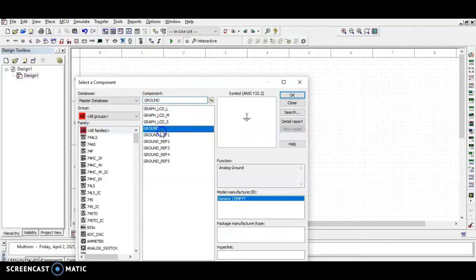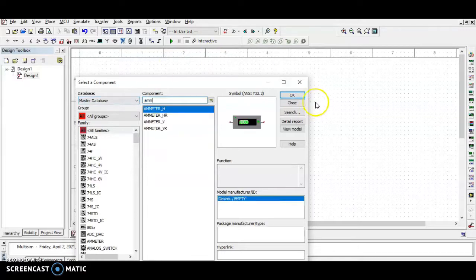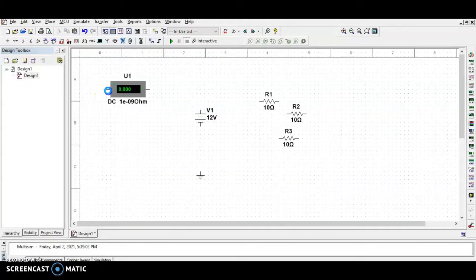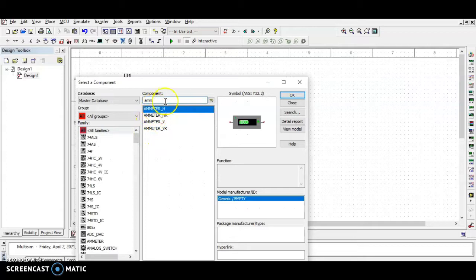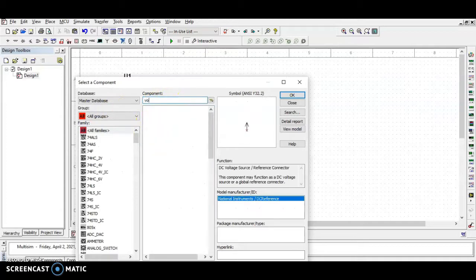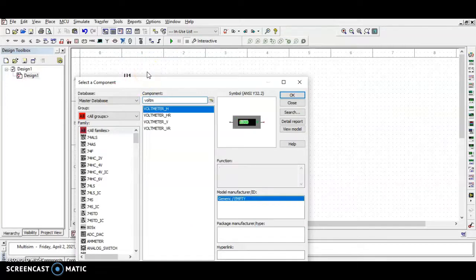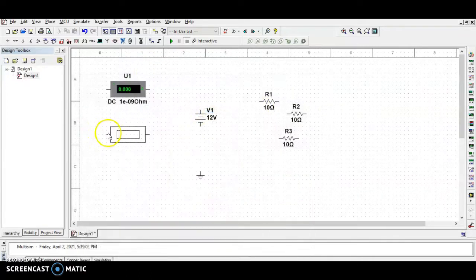Okay, here. So last, ammeter and voltmeter. Okay, here and voltmeter. Okay. So we already got all of the components.